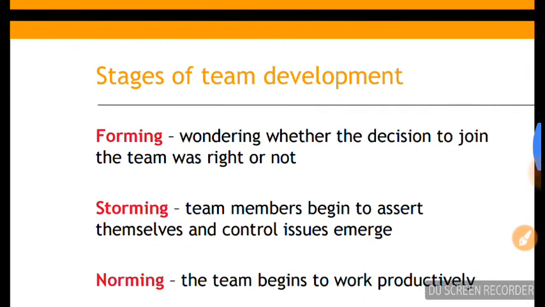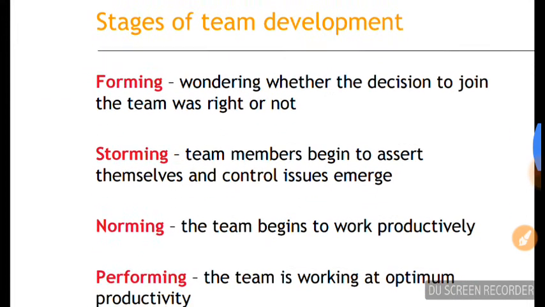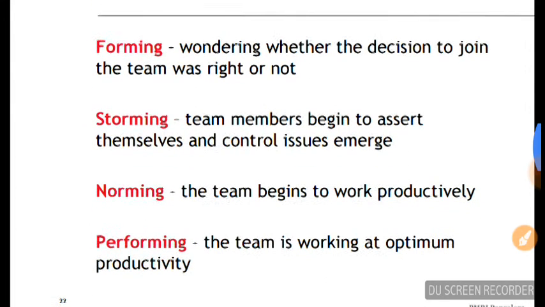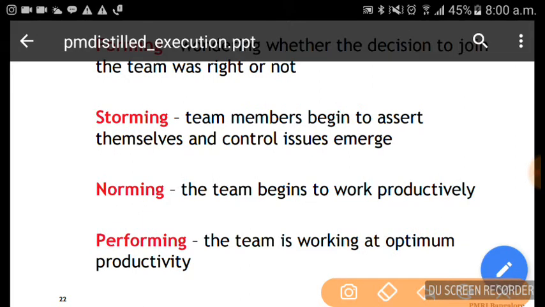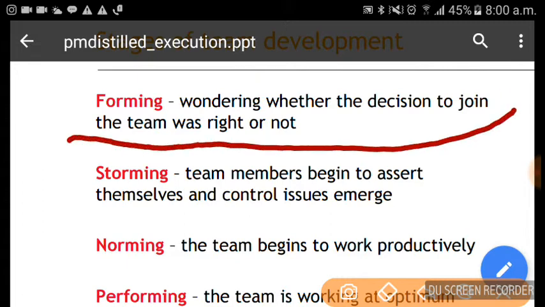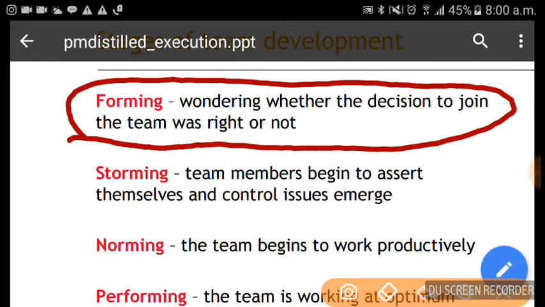Then stages of team development: we have forming, storming, norming, and performing. The forming stage, the team just comes together and wonders whether the decision to join the team was right or not.